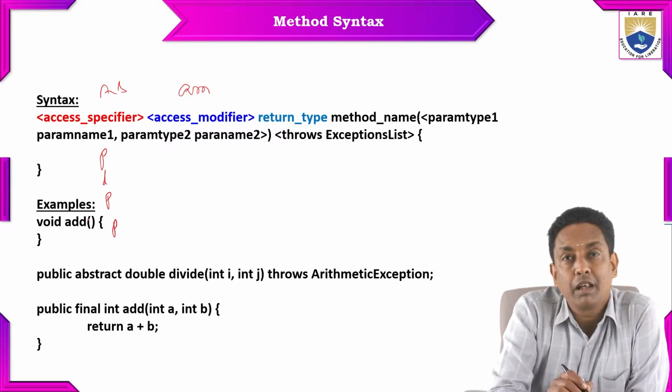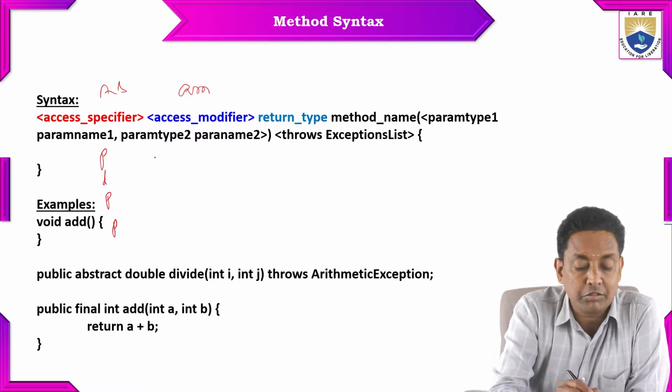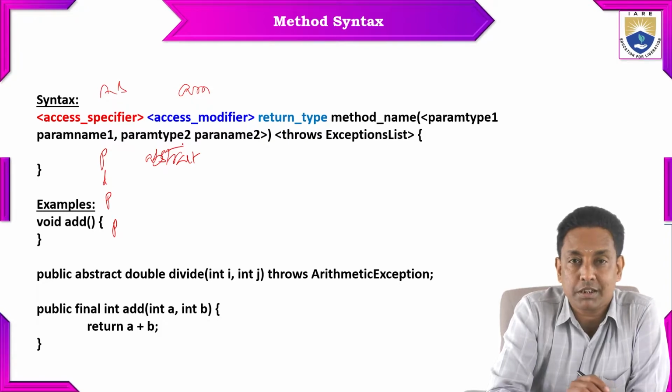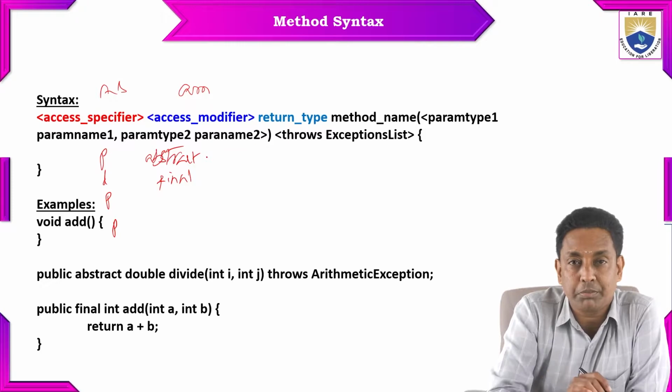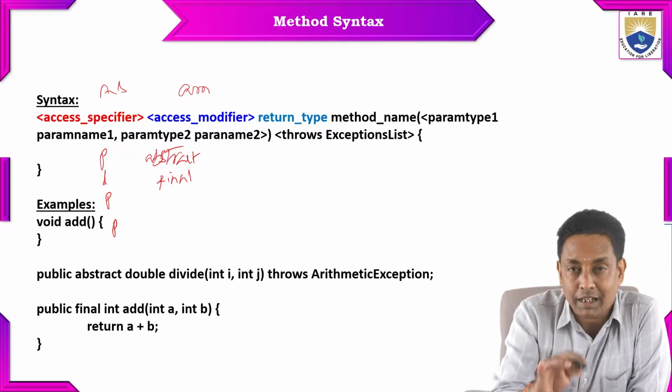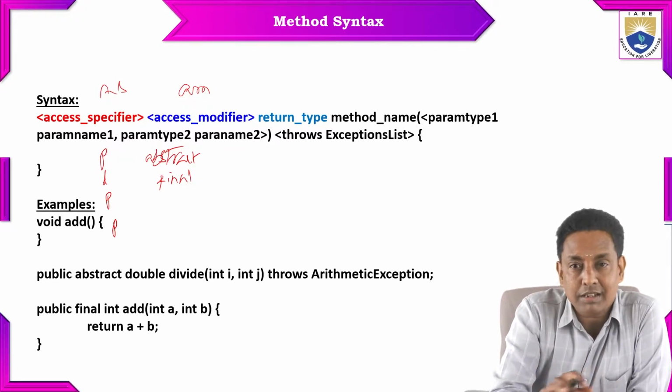Coming to the modifiers, to a method we can apply the abstract modifier. Abstract is allowed. Final is allowed. Abstract means no implementation. Final means that the implementation is the last implementation, and that implementation cannot be further overridden.